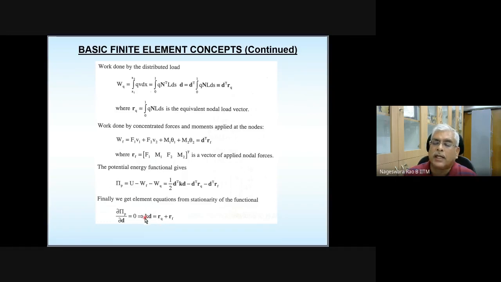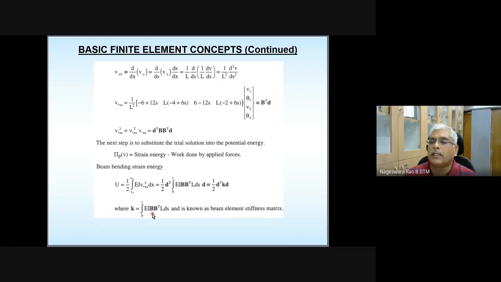Now here it is written in compact notation: KD equal to R_c plus R_F. K we already noted in the previous slide, it is given by this, and B transpose can be obtained once the B vector is defined. So we know what K is. It's a matter of doing this integration.